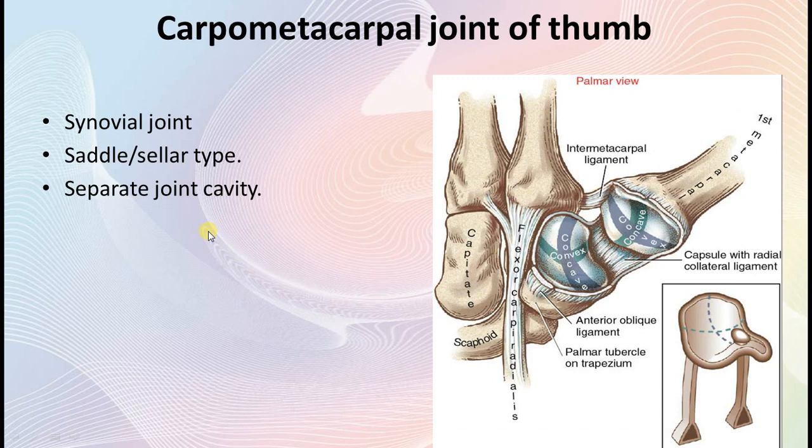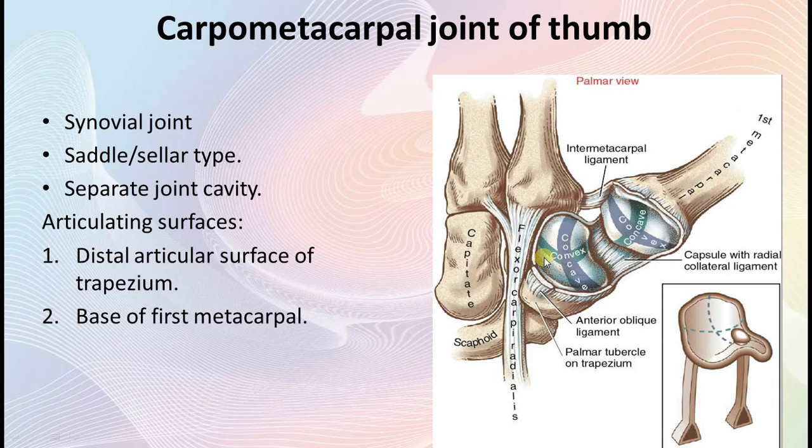This has a separate joint cavity invested in a capsule, whereas the other joints are held together by ligaments, mainly the carpometacarpal ligaments and palmar carpal ligaments. But here you have a separate joint capsule and a separate synovial cavity, and the interior is lined by synovial membrane.